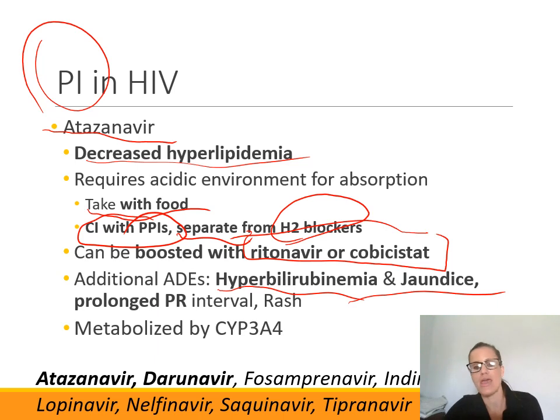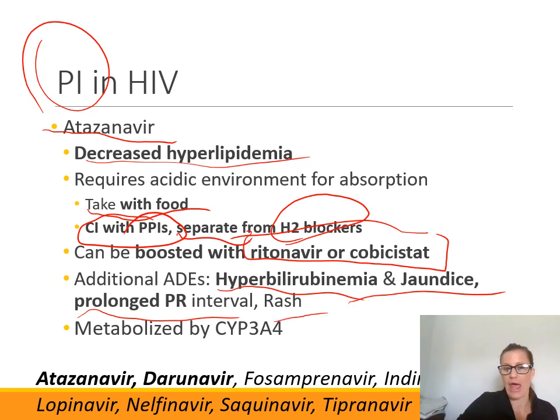This is not because the liver is failing, but we do see an increase in bilirubin and possible jaundice. They can also prolong the PR interval, so caution cardiac-wise, and cause a rash.